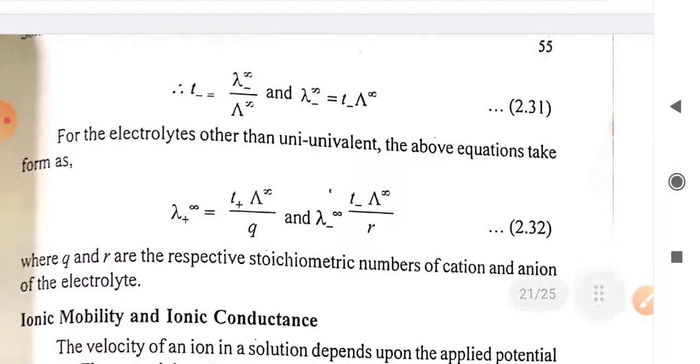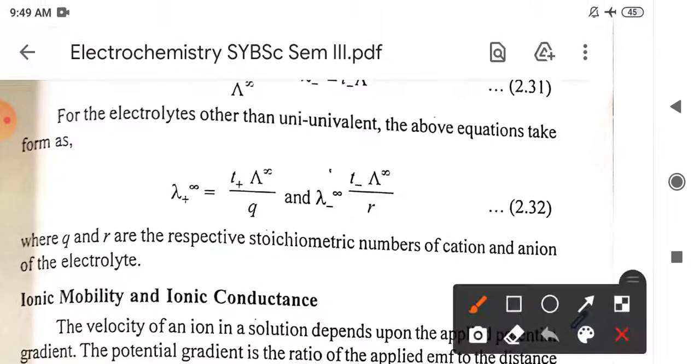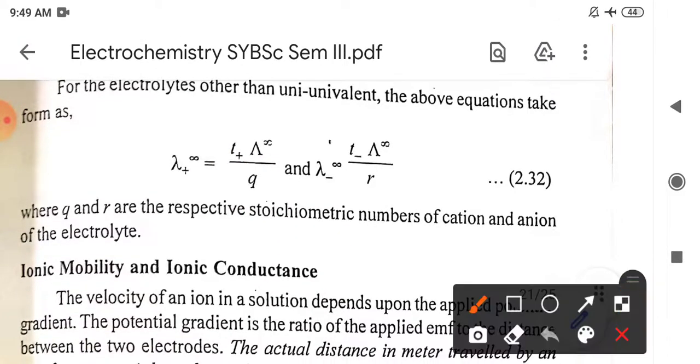For electrolytes other than univalent, we need to take into account the coefficients present in the stoichiometric form. So for unibivalent or unitrivalent ions, that is other than univalent, we just need to consider the stoichiometric coefficients. Here q and r are nothing but the respective stoichiometric numbers for the cations and anions of the electrolyte.